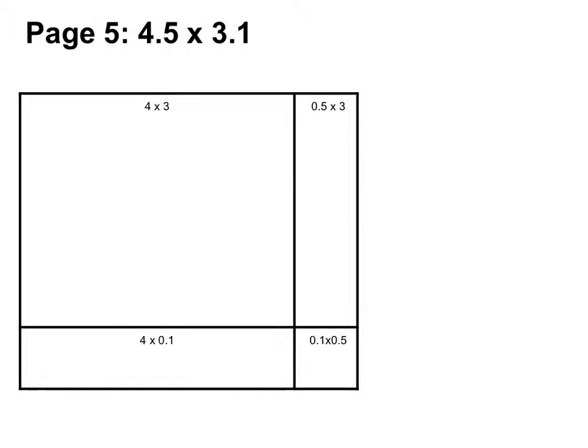Okay, so this might be a drawing of something you might do for the 4 and 5/10 times the 3 and 1/10. Okay, so I didn't draw all the little shapes this time, but the idea is still there. So if I look at this, okay, I still have my 4.5 across the top, and I still have my 3 and 1/10 down the side.